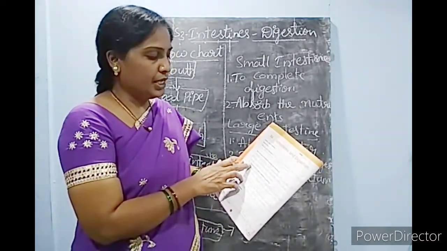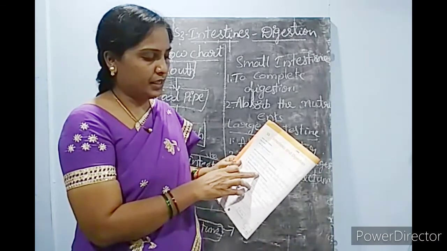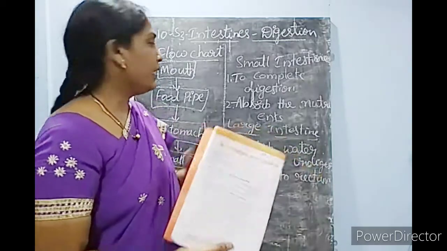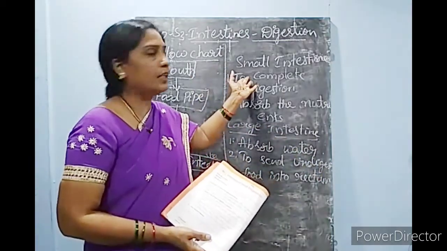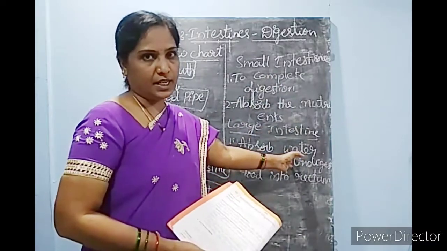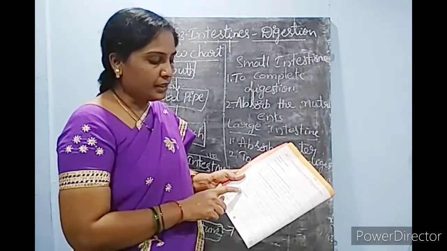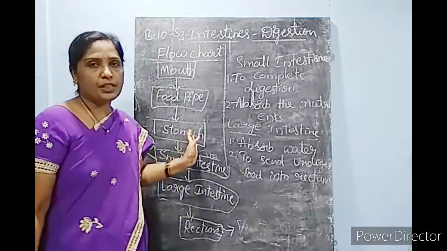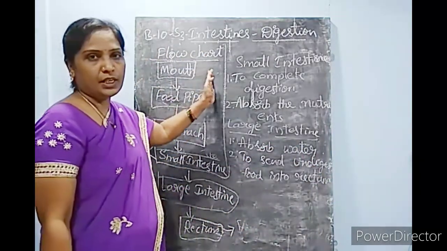The next question is, describe the role of intestines in digestion, in 5 to 6 sentences. Again the same, he is asking the role of small intestine and the role of large intestine. And the last one, draw a flowchart of digestion. Just now we discussed the meaning of flowchart.